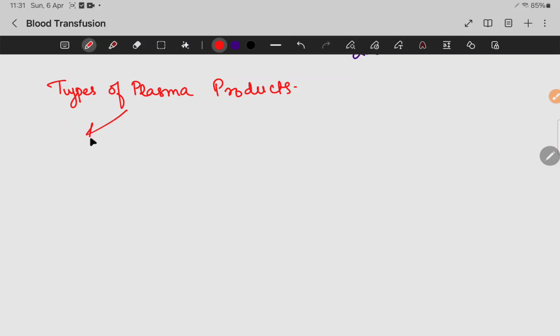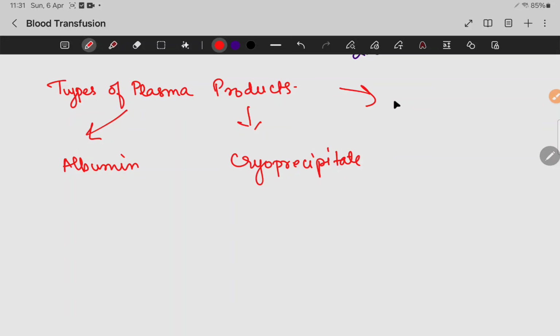We'll see some types of plasma products. So types of plasma products include, first is albumin, second is cryoprecipitate, and next is IVIG, that is gamma immunoglobulin or antibody.